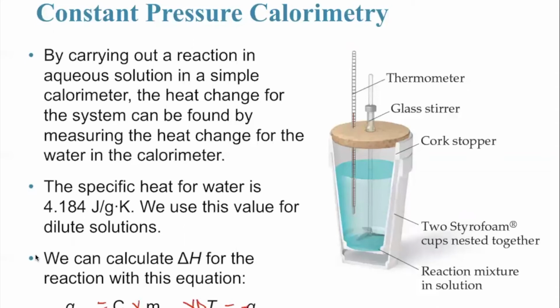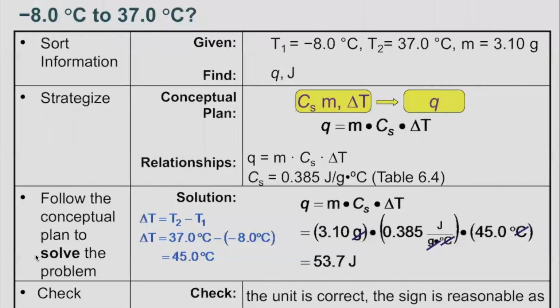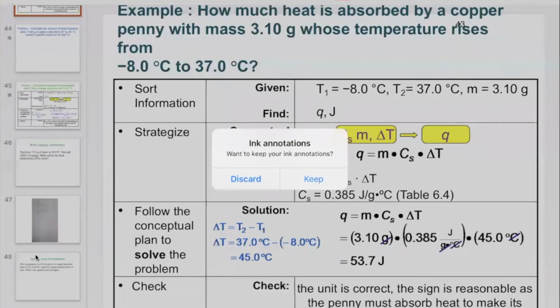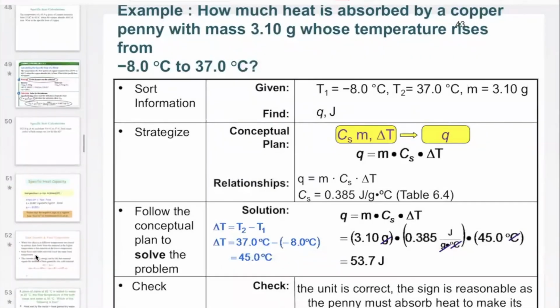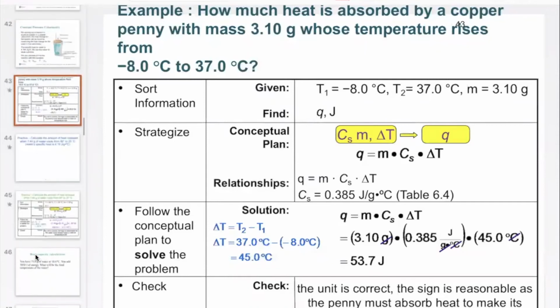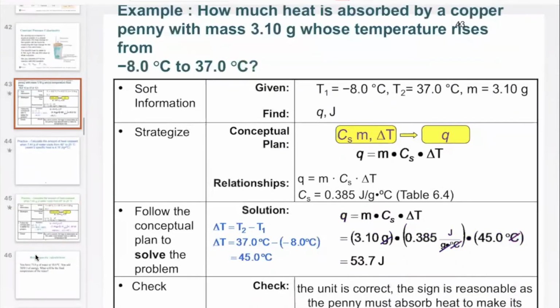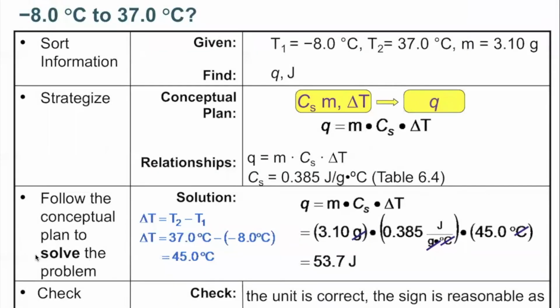Here we have an example of a type of problem you can be asked. The question says, how much heat is absorbed by a copper penny with a mass of 3.10 grams whose temperature rises from negative 8 Celsius to 37 degrees Celsius?